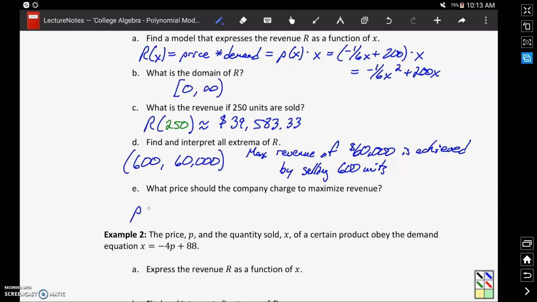So what we'll do is evaluate P at x equals 600, which is obtained from that maximum value that we identified, to get a price point of $100, meaning what we're considering in this problem would be selling 600 units for $100 a piece to achieve that maximum revenue of $60,000.